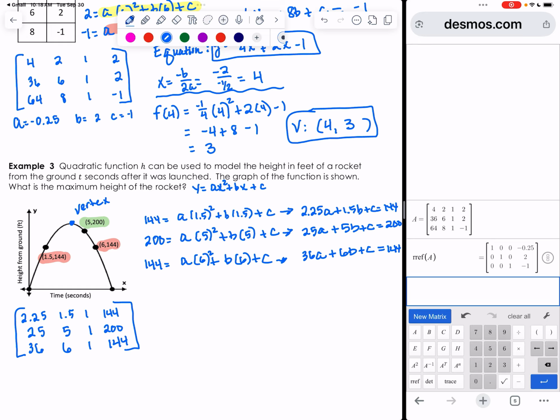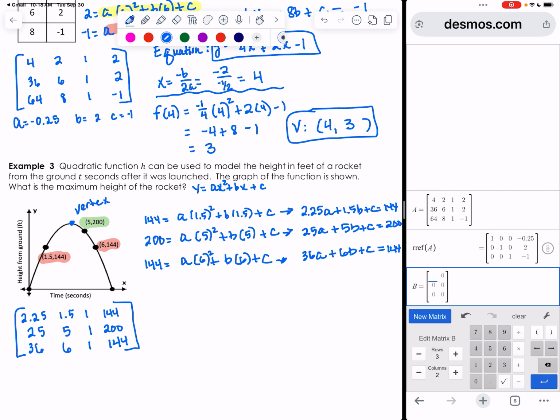Now I'm going to come over here to my matrix calculator, and I'm going to make a new matrix. I'm going to call this matrix B because we've already used A. So remember, the first thing you want to do is edit the size of the matrix. We have 3 rows and 4 columns.